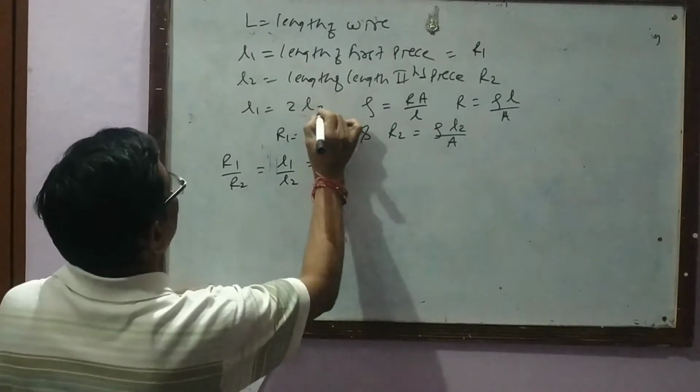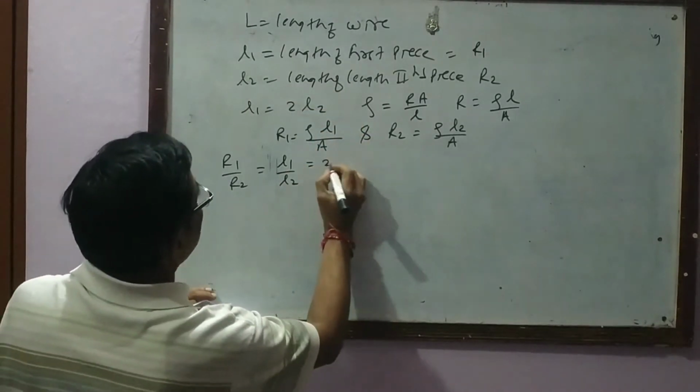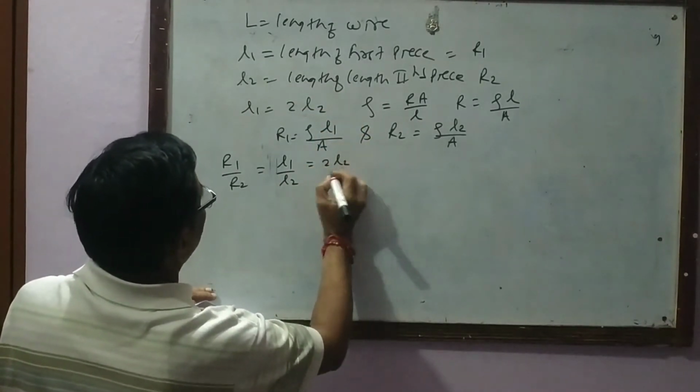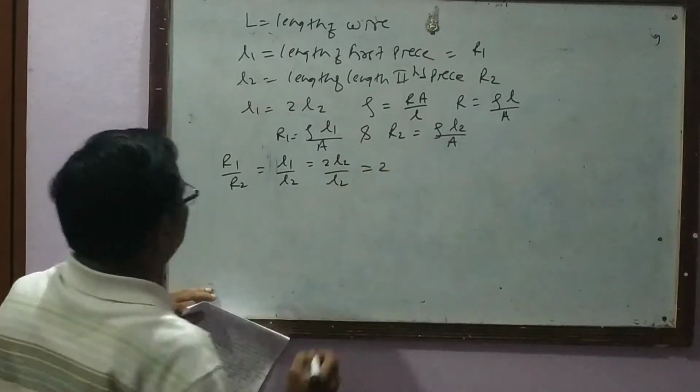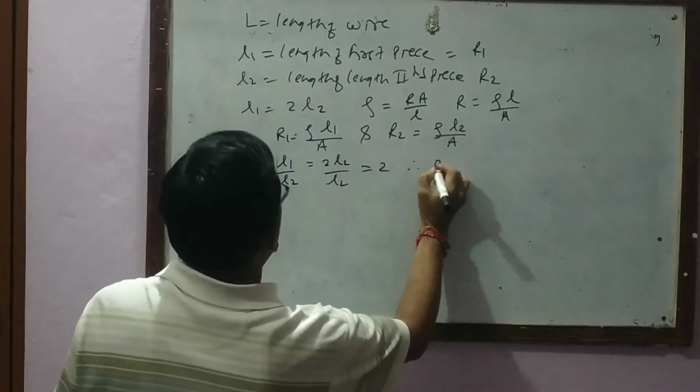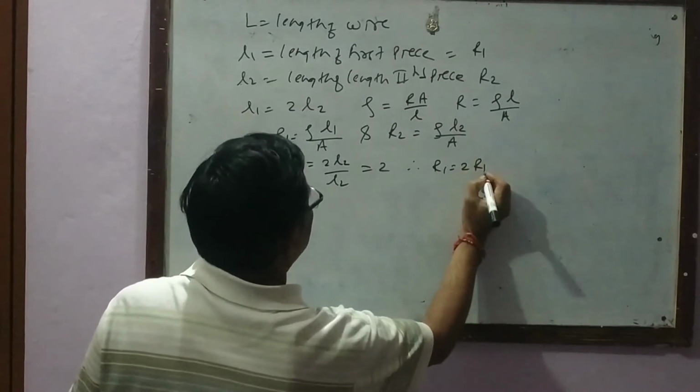L1 is 2 times L2, therefore 2 times L2 upon L2 is equal to 2, and hence R1 is equal to 2 times R2.